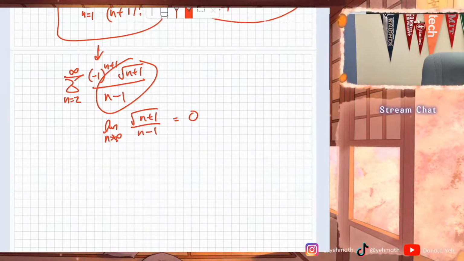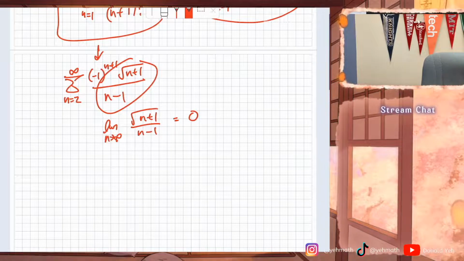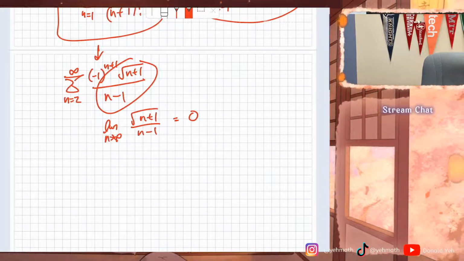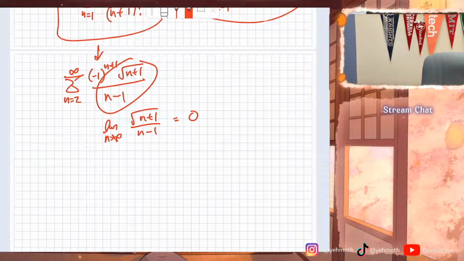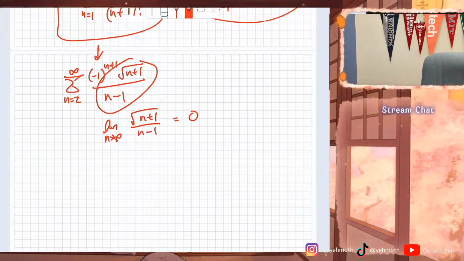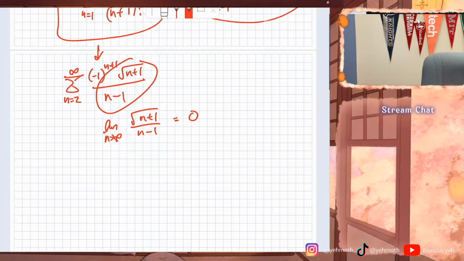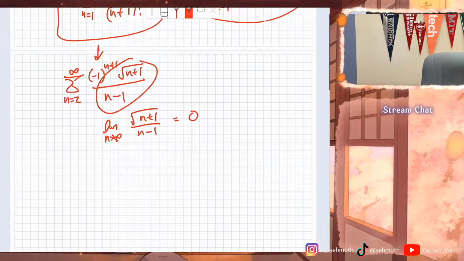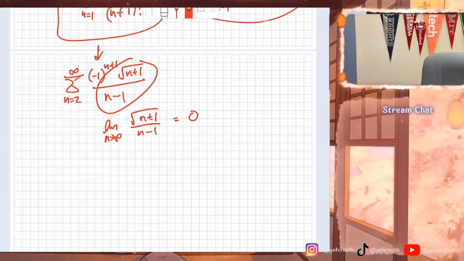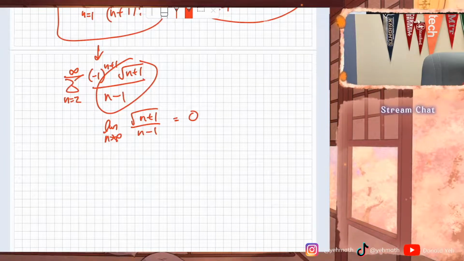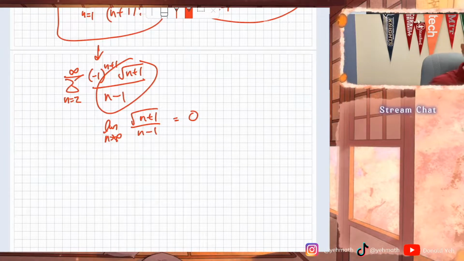So basically what we're saying is, if your series passes the divergence test, look at the sequence of positive terms. If the limit of your sequence of positive terms as n approaches infinity equals 0, and you know that the sequence of positive terms is decreasing, then you know that your alternating series is going to be convergent.